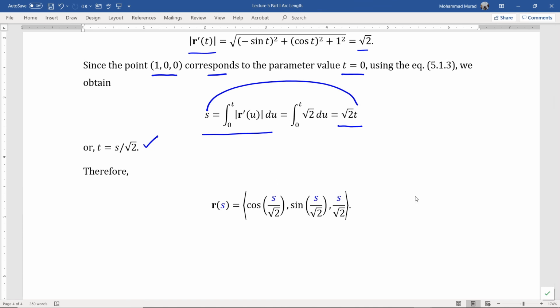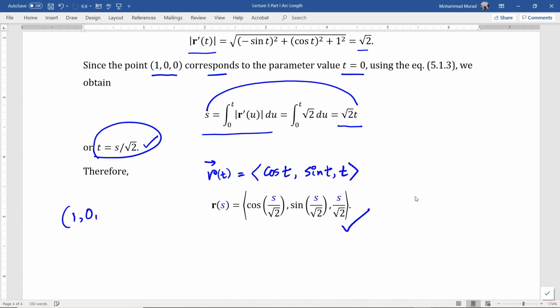Therefore, the given vector function of the helix can now be presented by replacing t by using this equation. Hence, we obtain this vector function, now expressed in terms of the arc length, measured from the point 1, 0, 0.